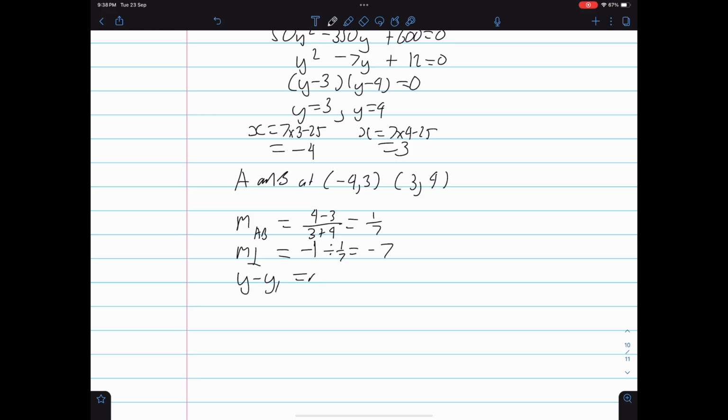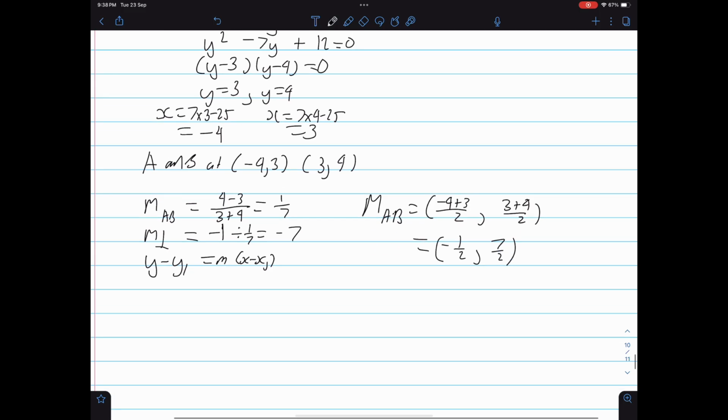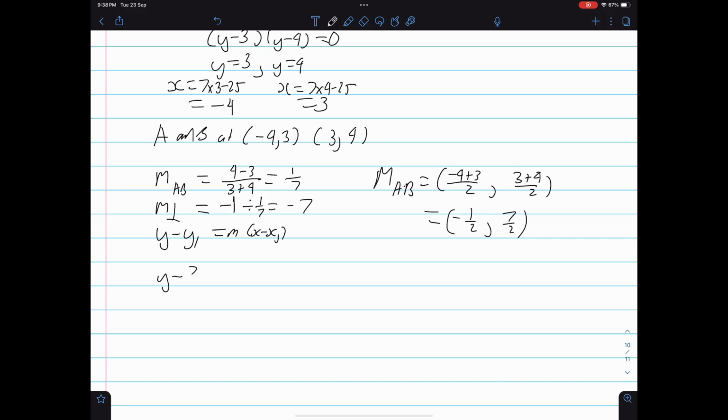So y minus y1 equals m(x minus x1). Now the point that we want it to go through is actually the midpoint of AB. So that's (minus 4 plus 3) over 2, comma (3 plus 4) over 2. So that's minus half, 7 over 2. So y minus 7 over 2 equals minus 7 (x minus minus 1/2), so it's plus 1/2.